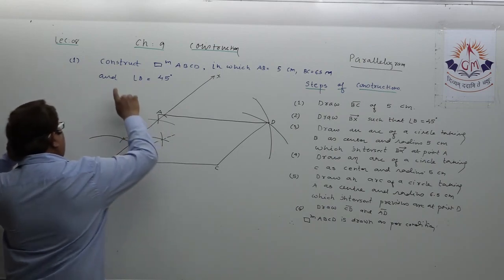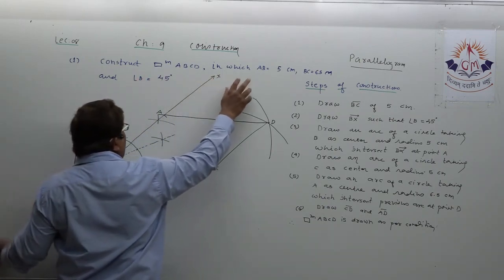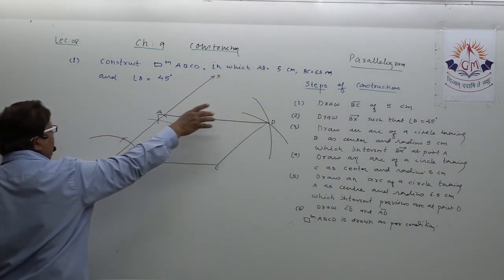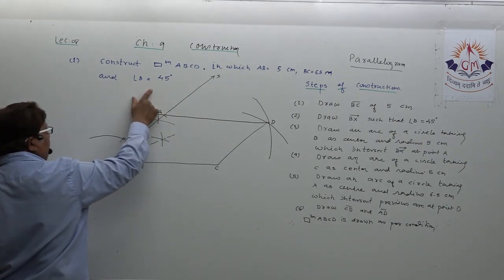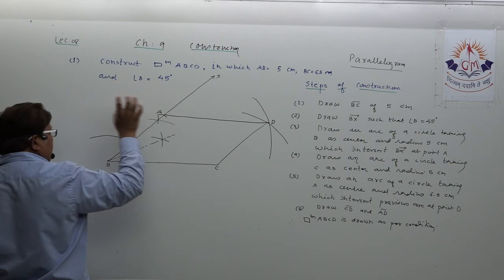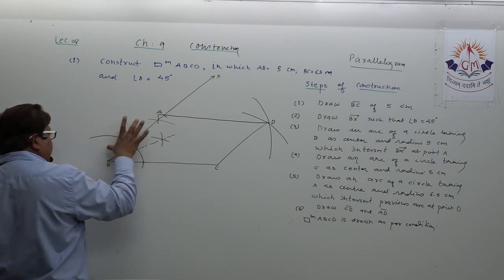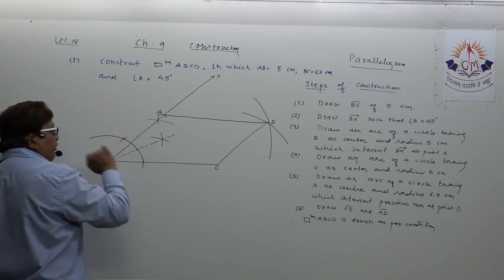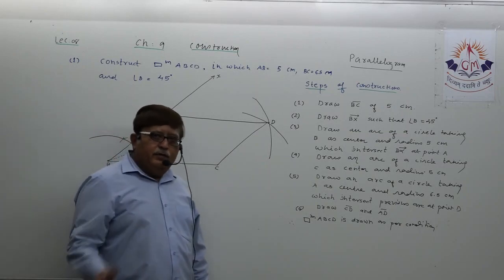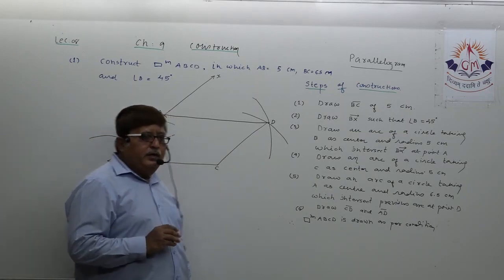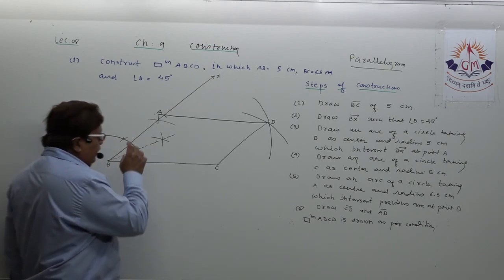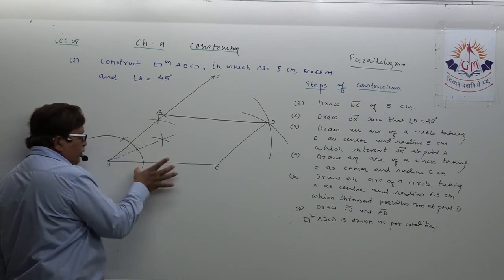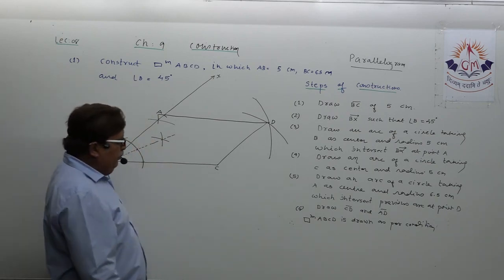I will just say construct a parallelogram in which two adjacent sides are 5 centimeter and 6.5 centimeter and the angle between them is 45. So when I say two adjacent sides, you need to understand that AB and BC will be considered adjacent sides and the angle between them is 45. So whenever you construct any parallelogram, never get confused. Whenever two adjacent sides are mentioned, take one as AB and one as BC and then the angle between them. Okay, dear students.